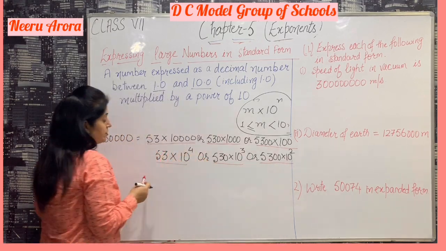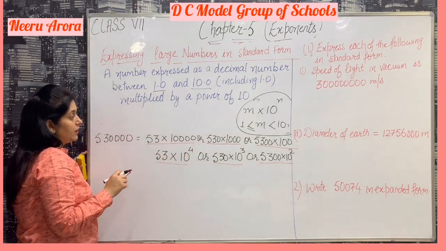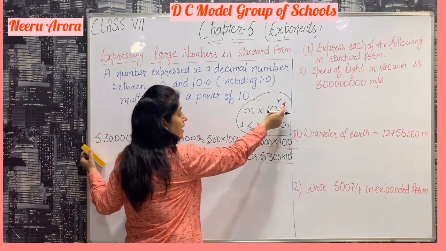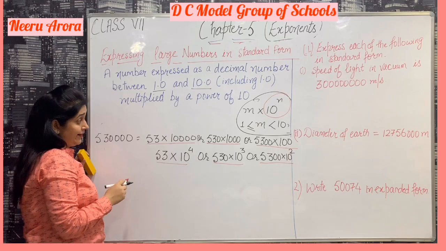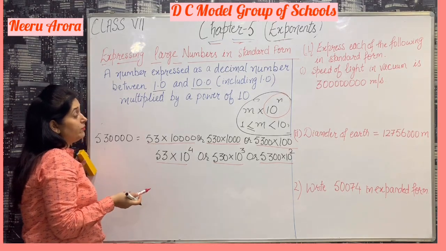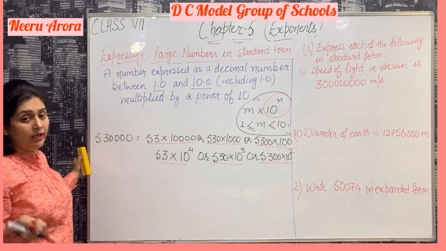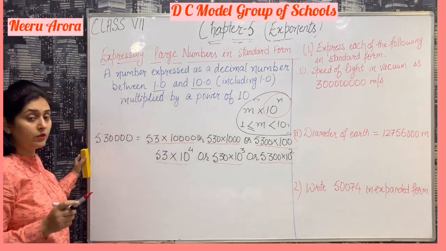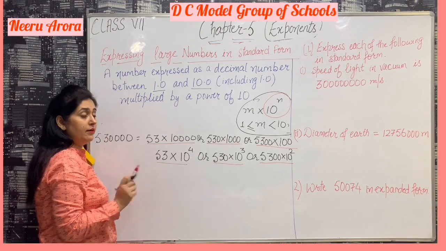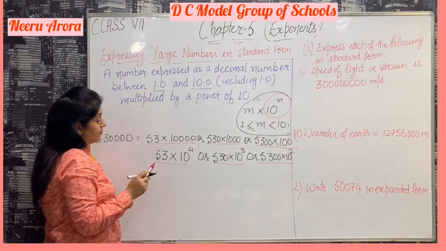Now what we have observed is, we have converted the number into something times 10 raised to power n, but it is not standard. What is our standard form? The number lies between 1 and 10. Out of these three exponential forms, no number lies between 1 and 10. So let's see what to do.